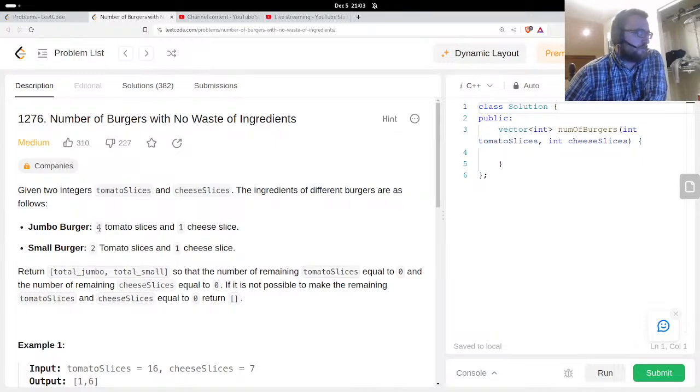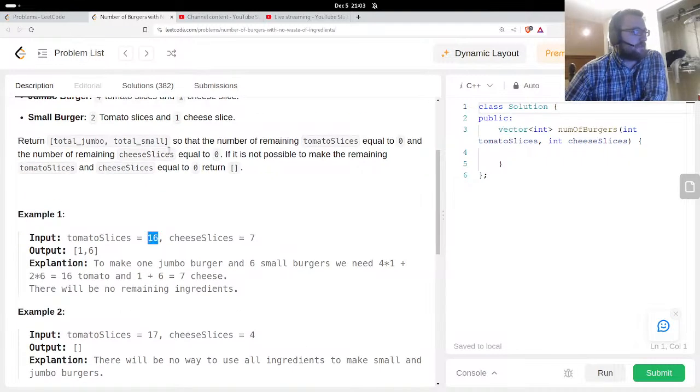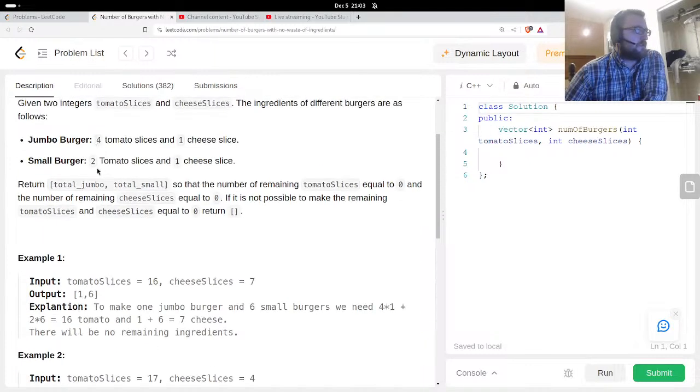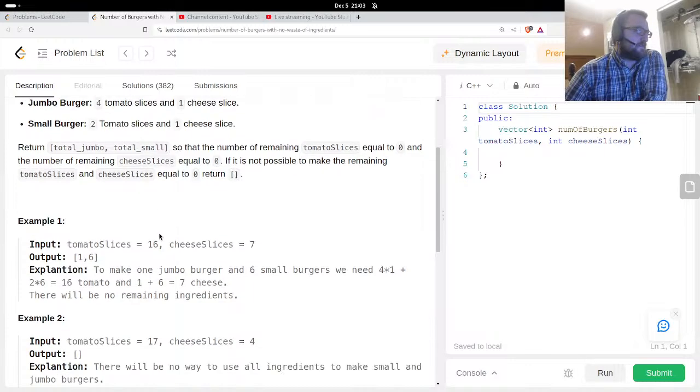So first things first, 4 and 2, the GCD is 2, which implies that the tomato slices has to be an even number, otherwise it's not possible.